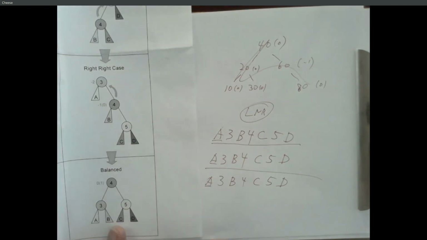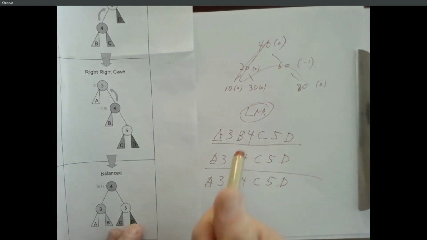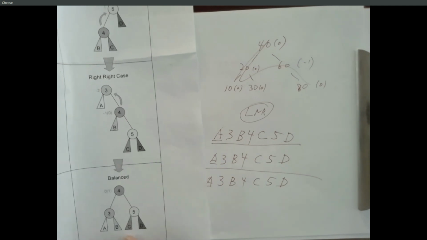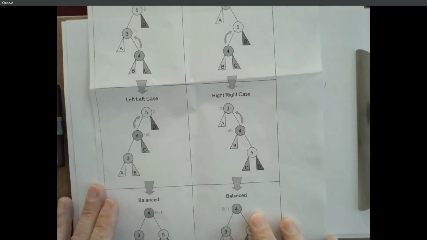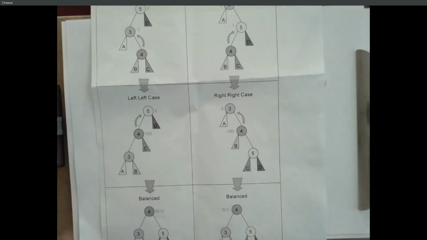Now, proving that this restores balance takes more work. We're not going to worry about that. But it does preserve traversal order. All right, so that's a pretty crash course introduction to AVL trees. But like I say, it doesn't take a lot of creativity.